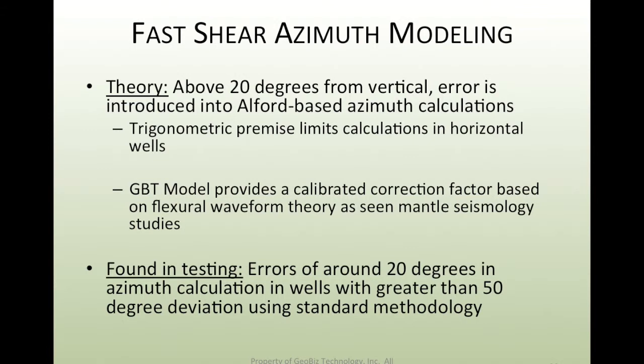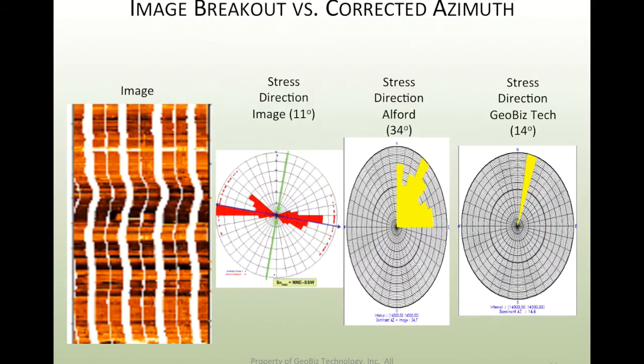What we found by looking through a lot of our old data was errors of around 20 degrees in azimuth calculations in wells with greater than 50-degree deviation while using a standard methodology. And a lot of wells have a greater than 50-degree deviation nowadays. So this was an example from our archives with an image result.